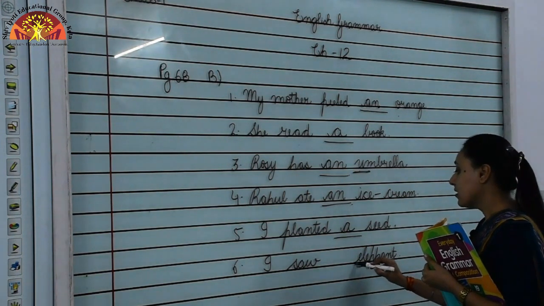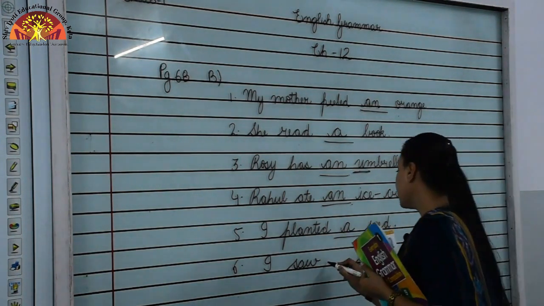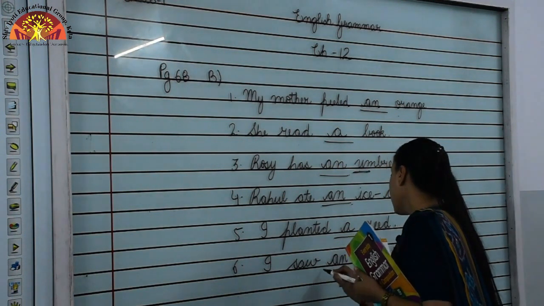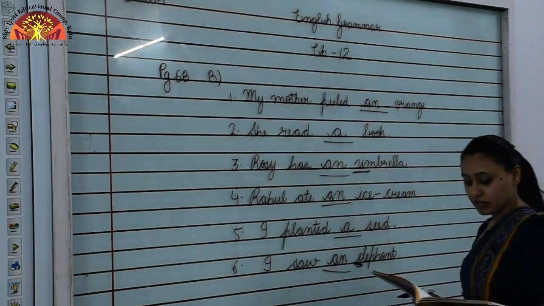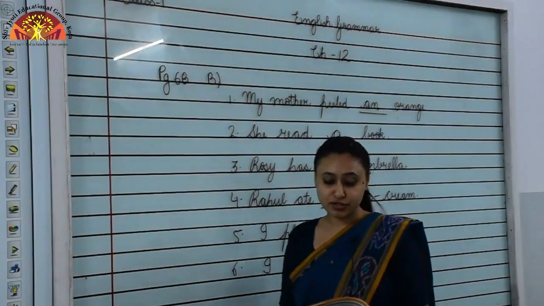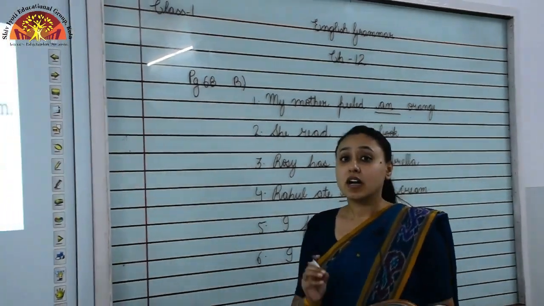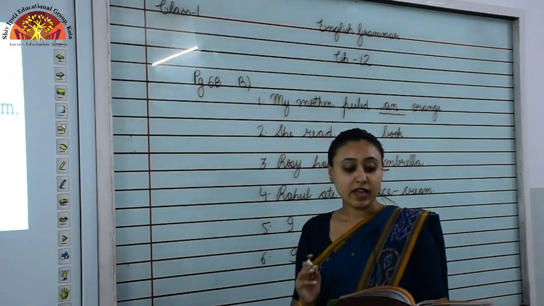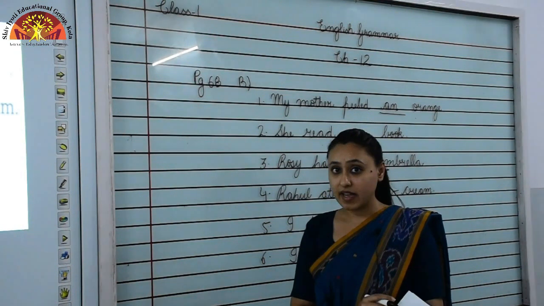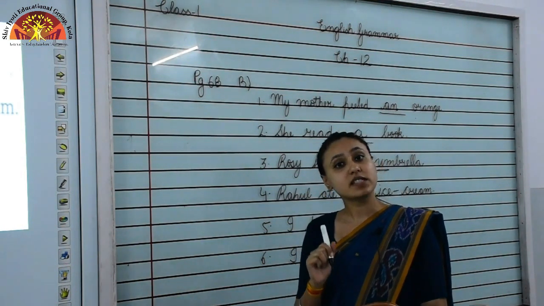This is a vowel sound letter. So, we will add n here. Sentence: I saw an elephant. So, children, I hope this is clear to you that we use a before a consonant sound word, n before a vowel sound word, and we use a or n with one thing, with a singular noun.